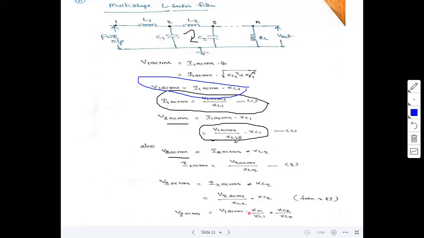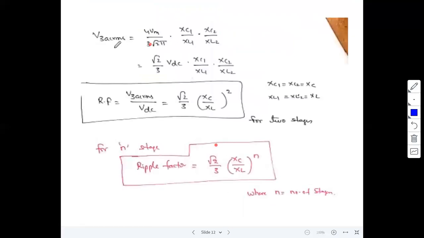So V3 AC RMS is equal to V1 AC RMS, which is already 4 Vm by 3 root 2 pi, into XC1 by XL1 into XC2 by XL2. Now simplify again: 2 Vm is written as 2 into 2 Vm.